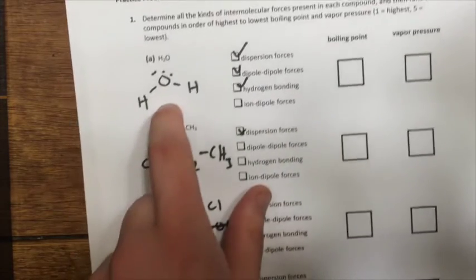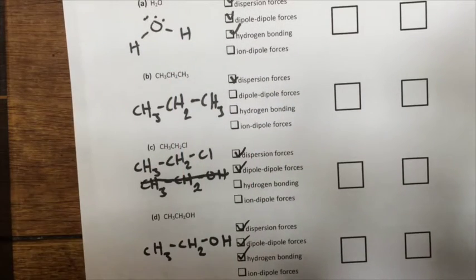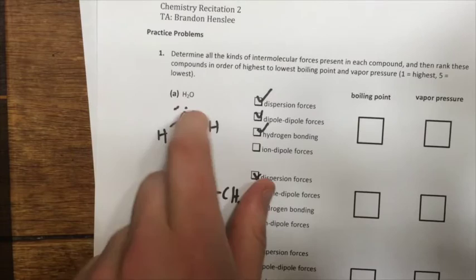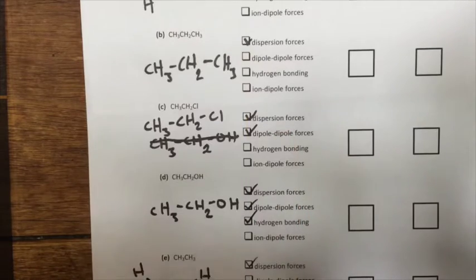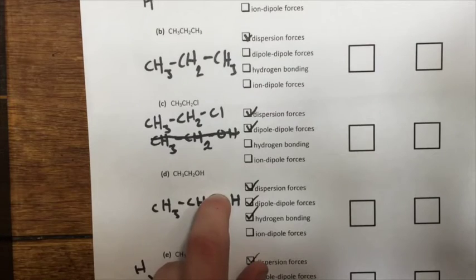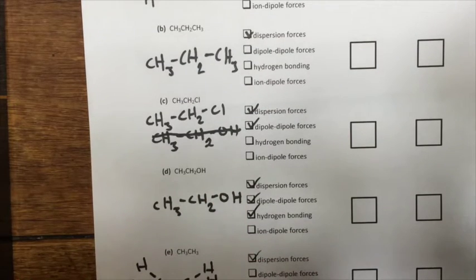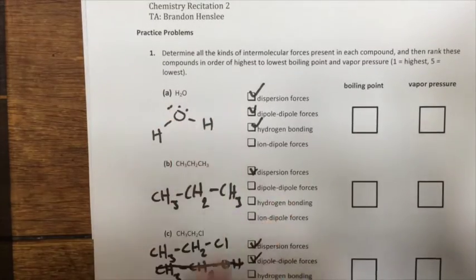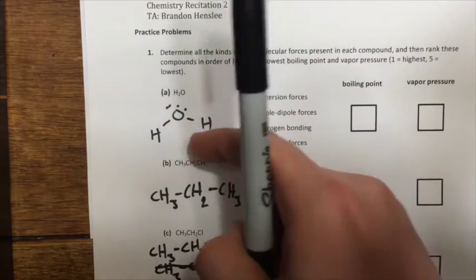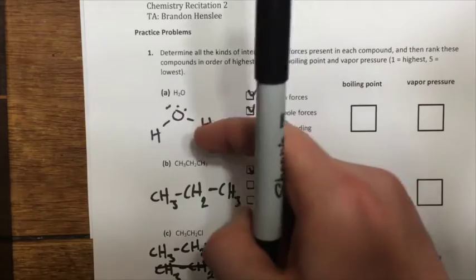So how do we decide between water and ethanol which one has the highest intermolecular forces? Well, if we look at water, we notice that this oxygen is bound to 2 hydrogen atoms, and with ethanol, the oxygen is only bound to 1 hydrogen. So because oxygen is bound to 2 hydrogens, this molecule could actually form 4 hydrogen bonds.